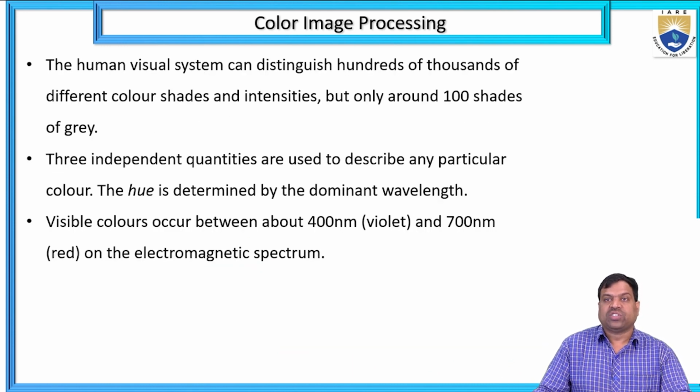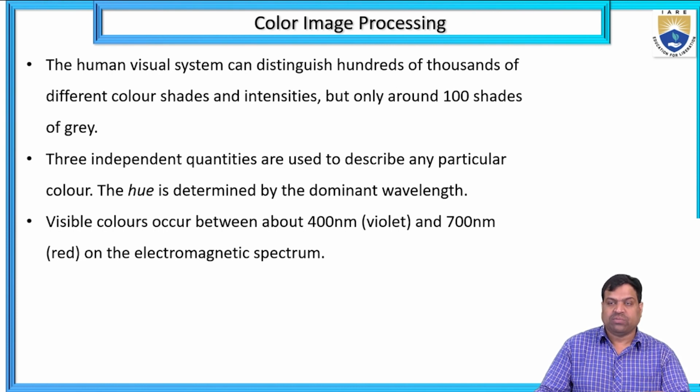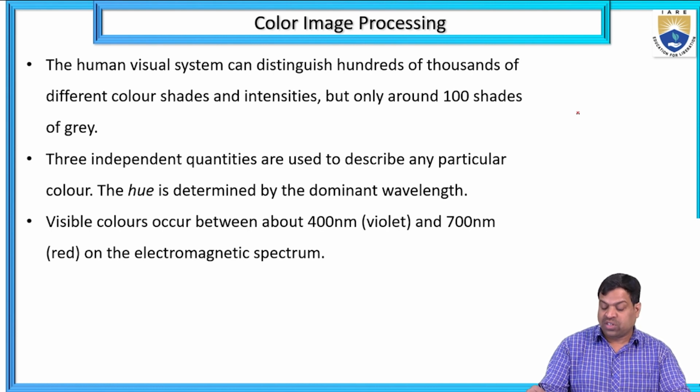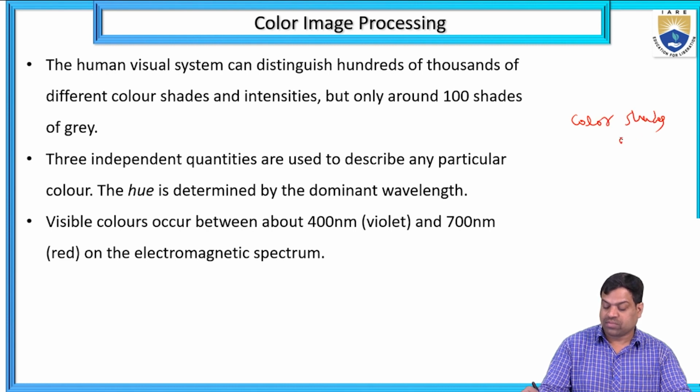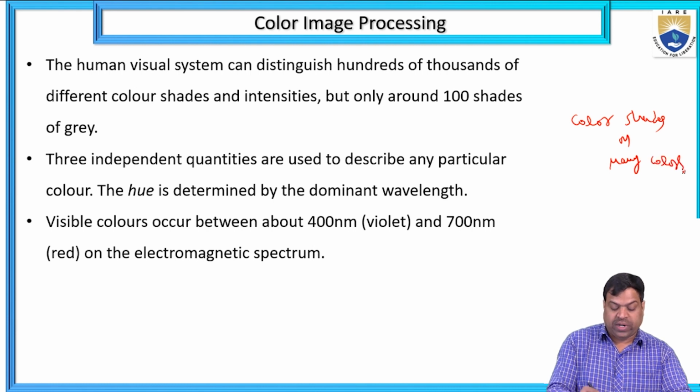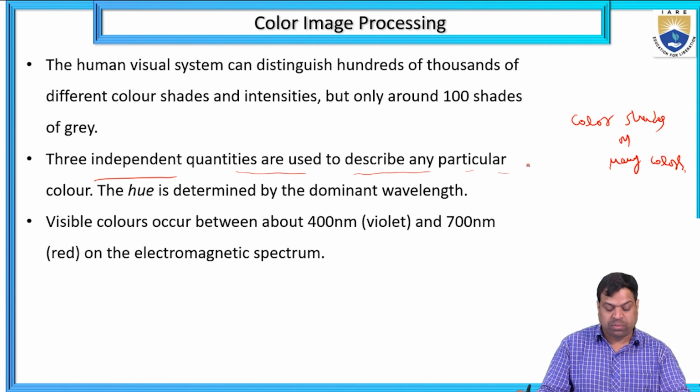The human visual system can distinguish hundreds of thousands of different color shades and intensities, but only around 100 shades of gray. So there are hundreds of thousands of different color shades, but three independent quantities are used to describe any particular color.